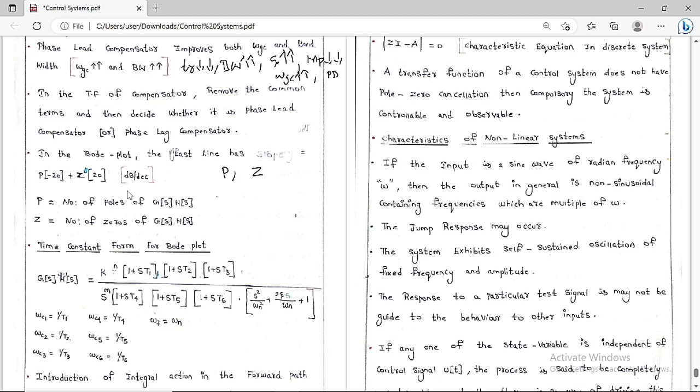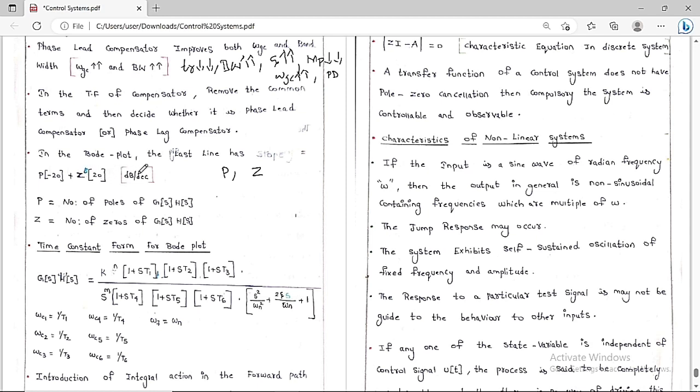So P is the number of poles of G(s)H(s), and Z is the number of zeros of G(s)H(s). Or simply, P indicates the number of open loop poles and Z indicates the number of zeros of the open loop transfer function. You can call it anything. The formula is: each pole is going to contribute -20 dB per decade, and Z indicates the number of zeros, so each zero is going to contribute +20 dB per decade.